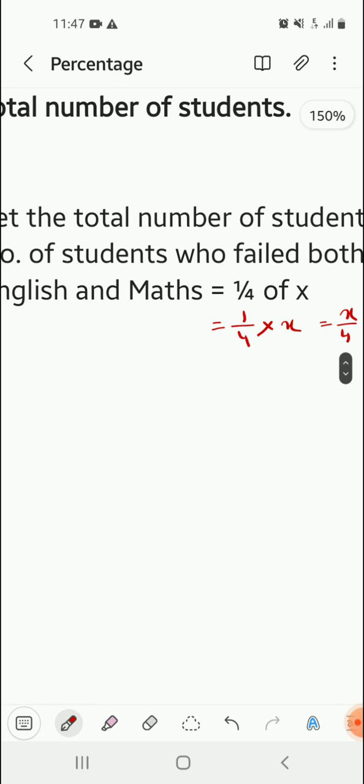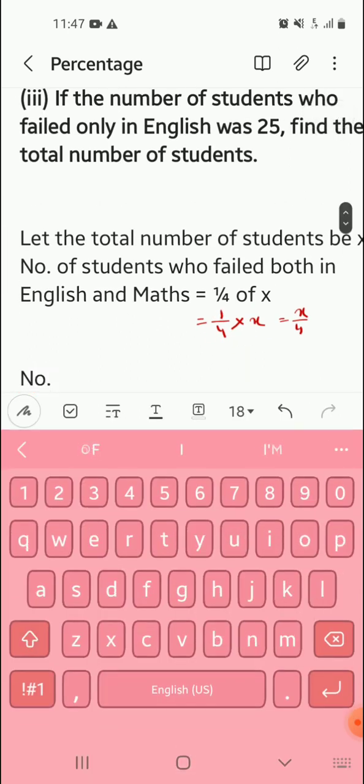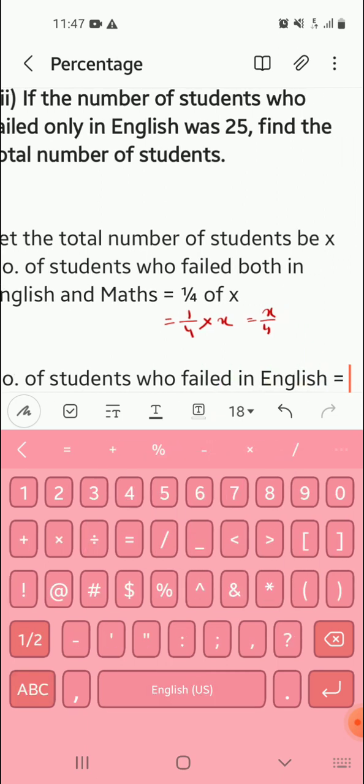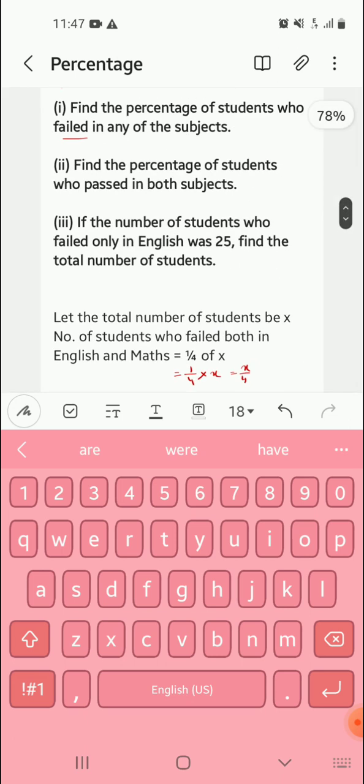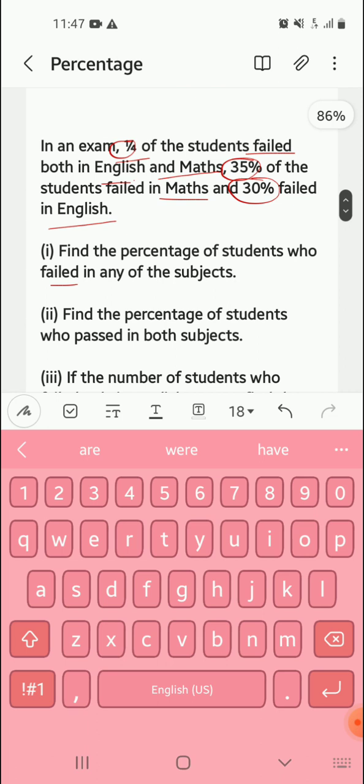Now, the number of students who failed in English is equal to, see, the question is given that 35% of the students failed in maths and 30% in English.